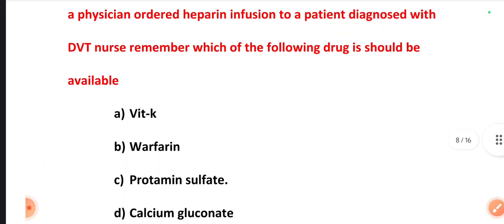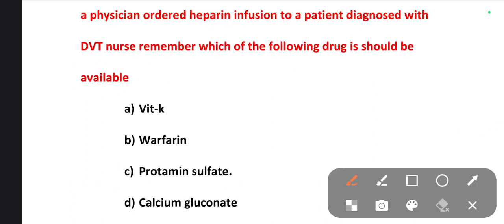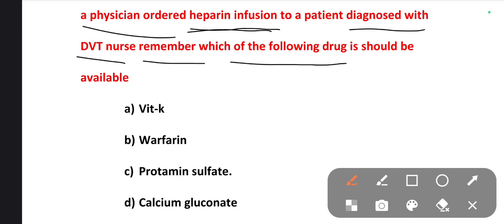The next question is: a physician ordered a heparin infusion. The doctor has ordered a heparin infusion for the patient diagnosed with DVT. DVT is nothing but deep vein thrombosis. In the deep vein there is a clot, whether it is a fat embolism or a blood clot, that is called thrombi. The nurse should remember which of the following drugs should be available. When the nurse is giving the heparin infusion, which drug does she have to keep ready?